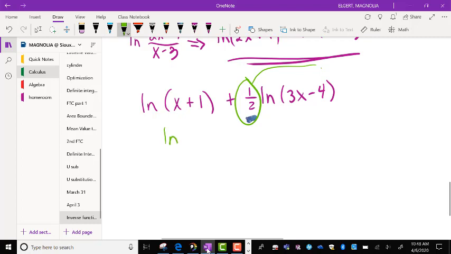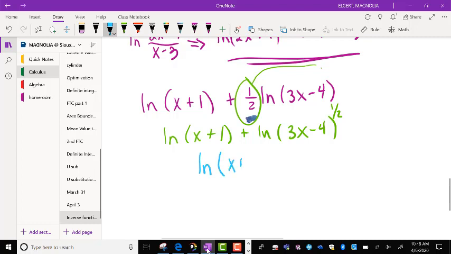So this could be the natural log of x plus 1 plus the natural log of 3x minus 4 to the 1 half power, which we work with a lot in calculus. And then adding goes with multiplying. So to condense this into one logarithm, it would be the natural log of x plus 1 times the square root of 3x minus 4. So that's how I would condense that.